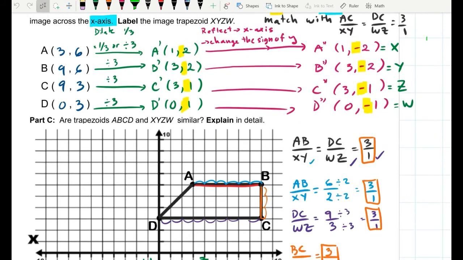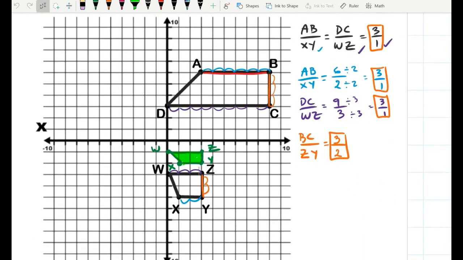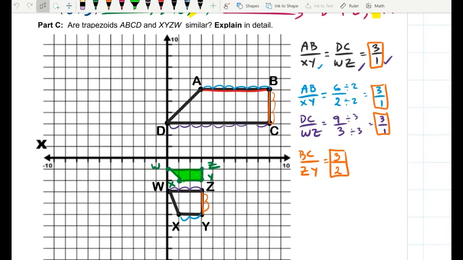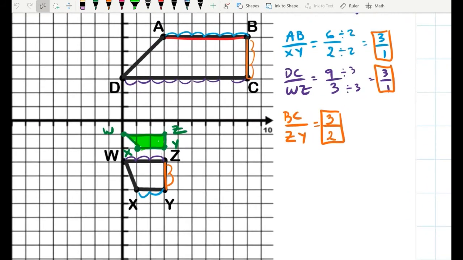So follow the order of A, B, and C. In part B, we just graphed it. Now we just need to prove why our answer is similar. All we're going to do is find the scale factor like we did in part A. This is part C.